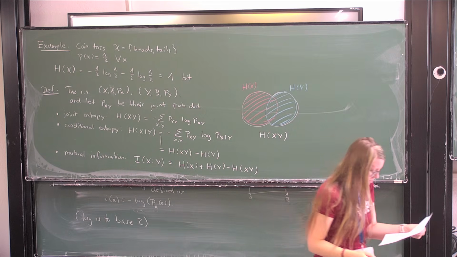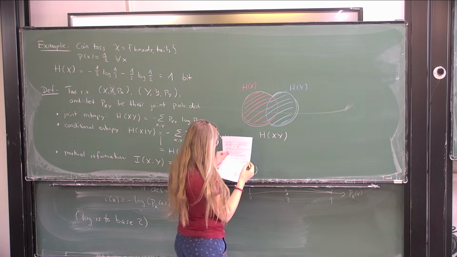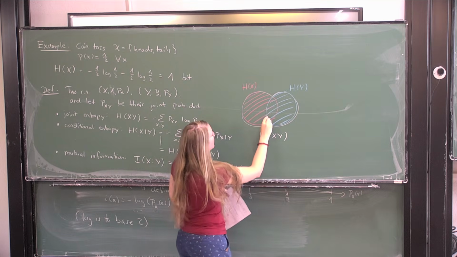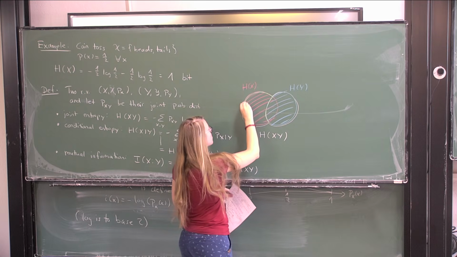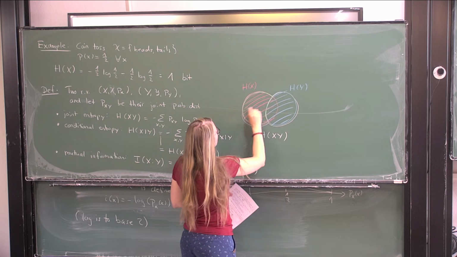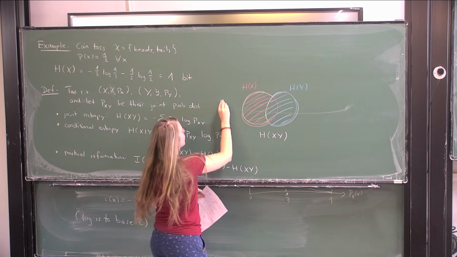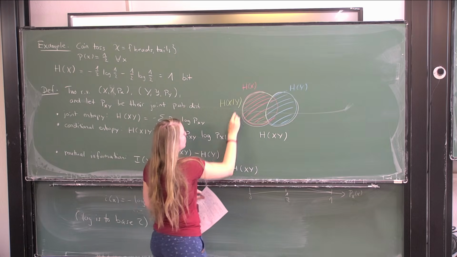If I take the area here, that is H(x) without the overlap, this would be the conditional entropy of x given y.